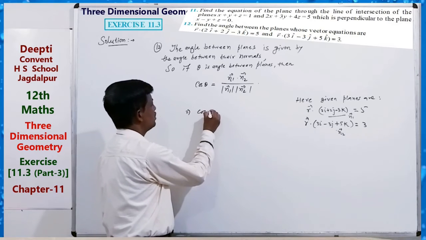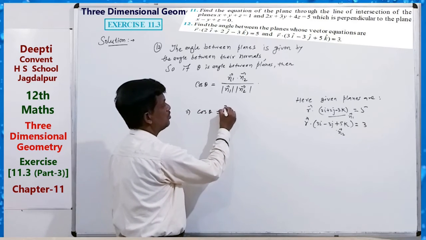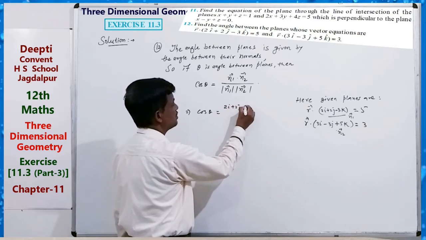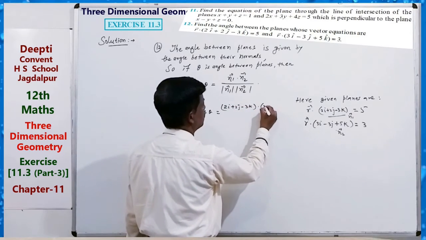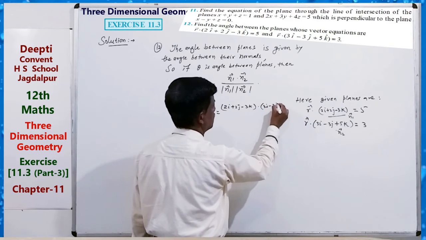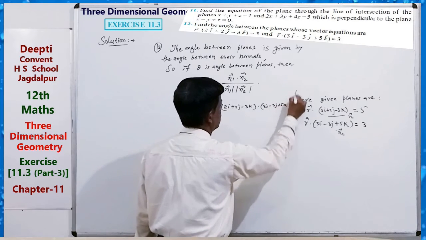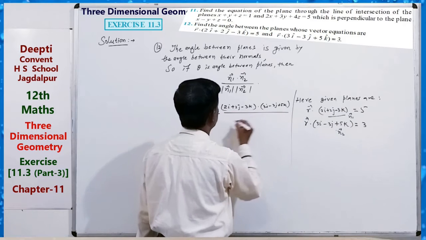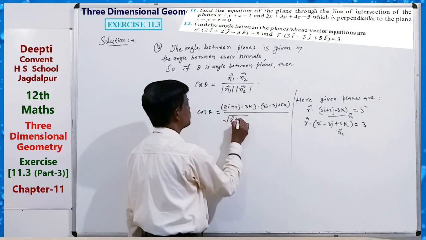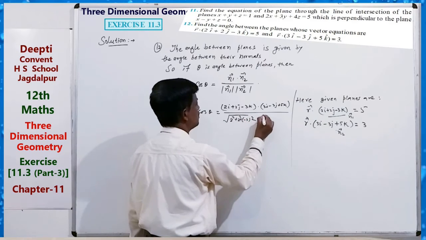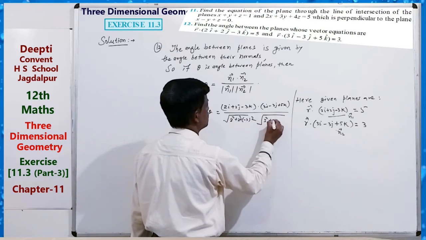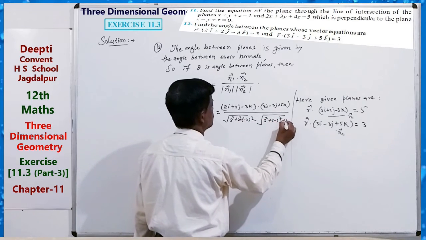This implies cos theta equals n1, which is 2i plus 2j minus 3k, dot n2, which is 3i minus 3j plus 5k, upon the modulus of this, root of 2 square plus 2 square plus minus 3 square, times root of 3 square plus minus 3 square plus 5 square.